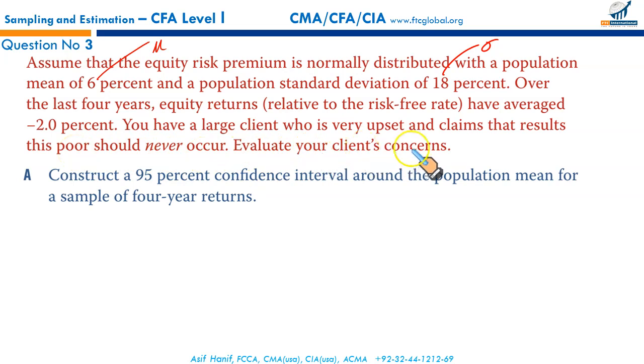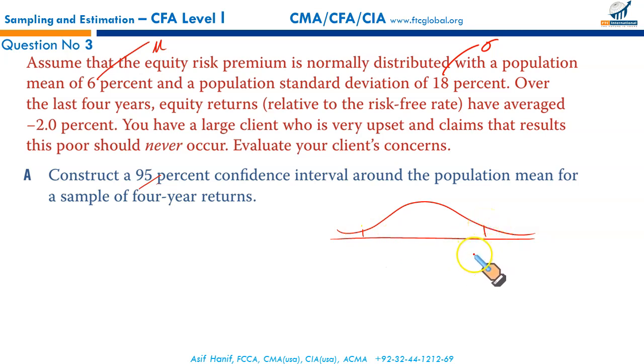Evaluate your client's concerns. In A, construct a 95% confidence interval around the population mean for a sample of 4 years return. Since we are talking about a 95% confidence interval, it's going to be the critical Z value of 1.96 on both sides of the normal distribution.